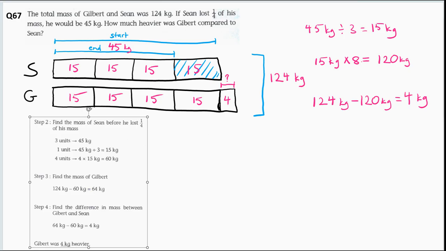They made themselves extra work by first finding the mass of Sean. They calculated this to be 60, obviously. And then they found the mass of Gilbert by subtracting Sean's mass from this total, which gave them 64. And then they found the difference between 64 and 60. I don't know why they did that.